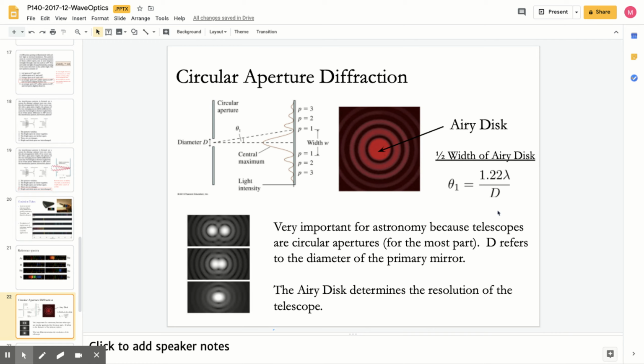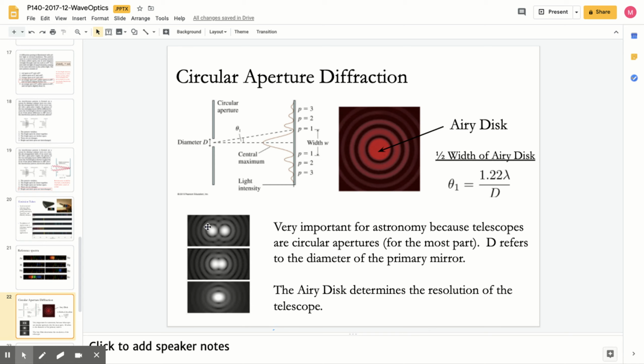But circular apertures are really important for astronomers, right? Because the mirrors are circular, and d here in this example refers to the diameter of the aperture. And the size of the airy disk determines the resolution of the telescope. So that just means, can I distinguish between two different stars?